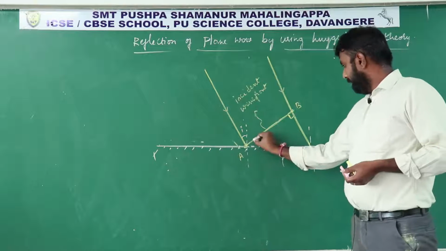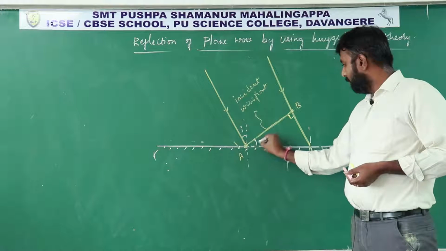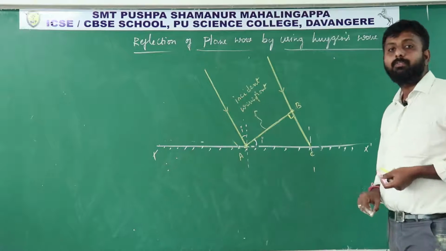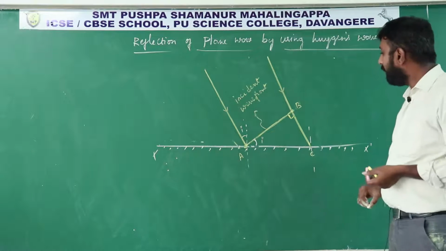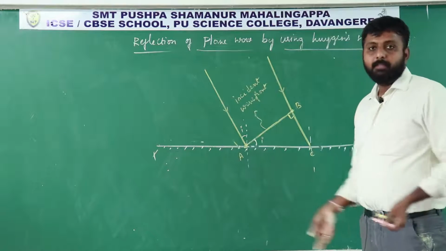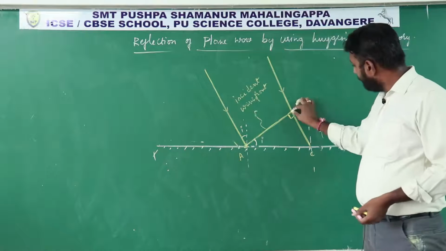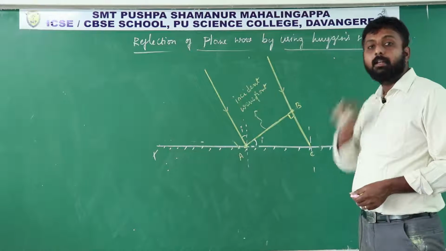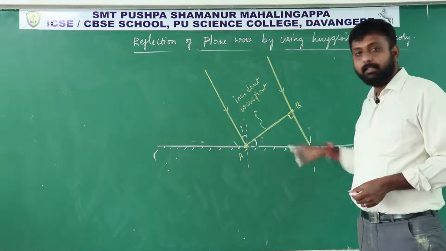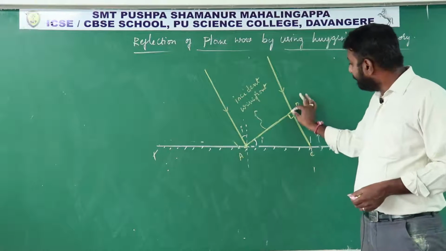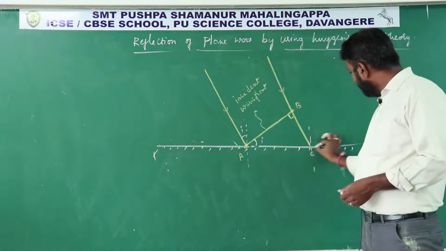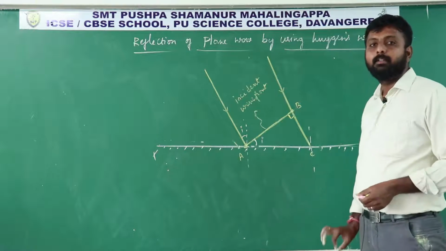And by seeing the diagram carefully, you come to know this angle is also equal to I, that is the angle of incidence. Then from point A the disturbance will travel, from point B also the disturbance will travel, but the disturbance has already reached this reflecting surface. But here from point B the disturbance has to reach the reflecting surface.